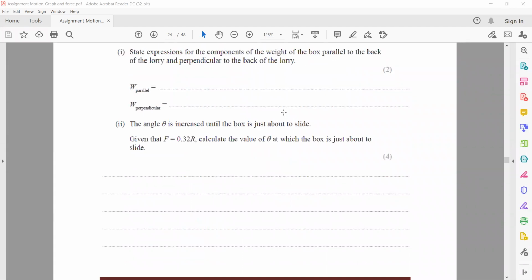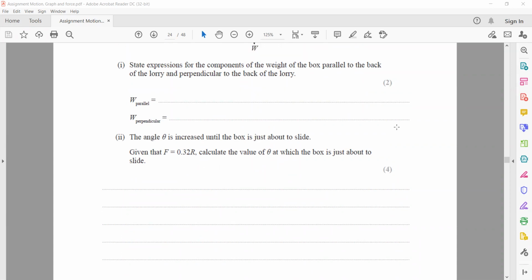The angle theta is increased until the box is about to slide down. The friction is 0.32 R. Calculate the value of theta.